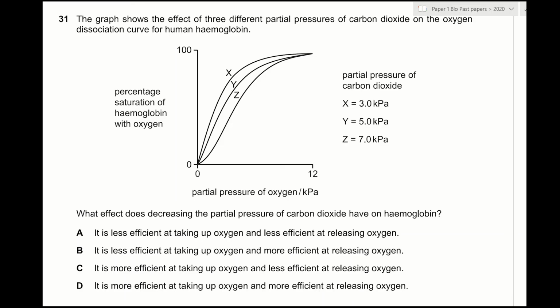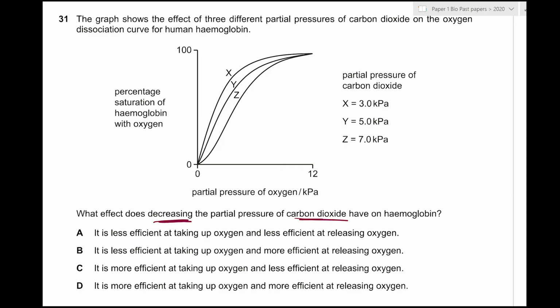Question number 31. The graph shows the effect of 3 different partial pressures of carbon dioxide on the oxygen dissociation curves for human hemoglobin. Which effect does decreasing the partial pressure of carbon dioxide have on hemoglobin?